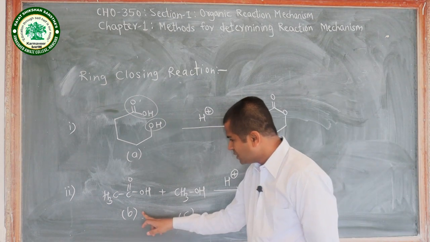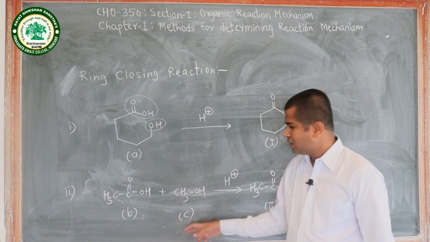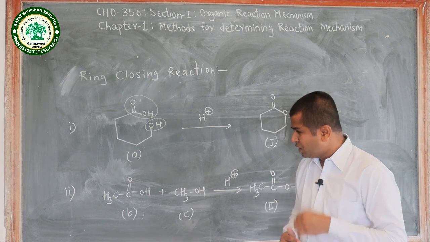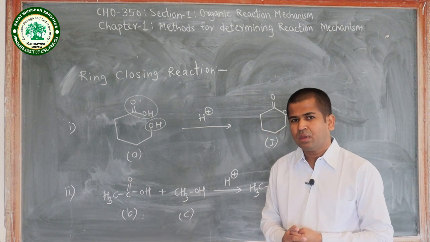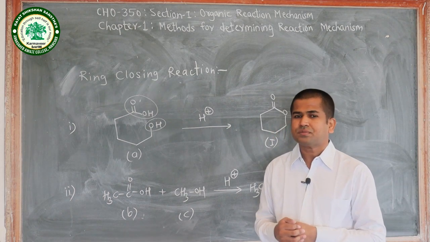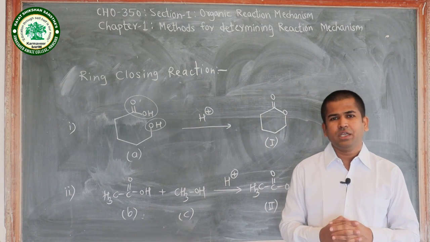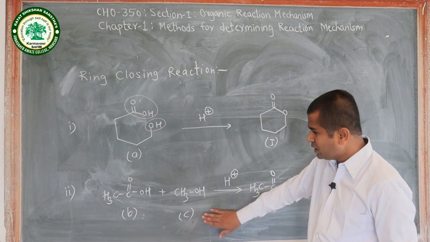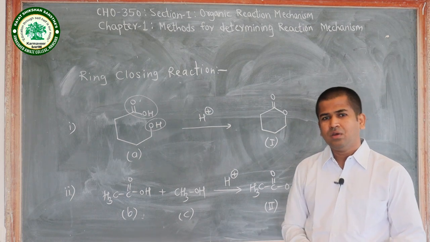But here, substrate B and substrate C are two different substrates, each substrate has its own degree of freedom, and in order for a reaction to happen, these two substrates have to lose their degree of freedom. So loss in degree of freedom is more in reaction 2 as compared to reaction 1.